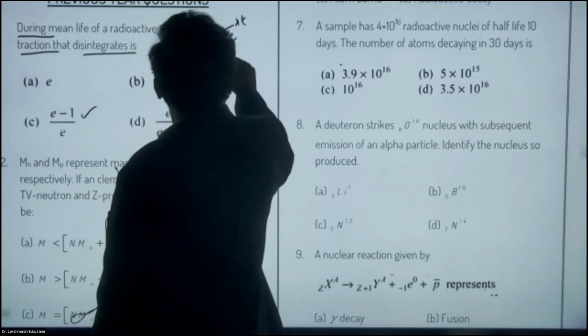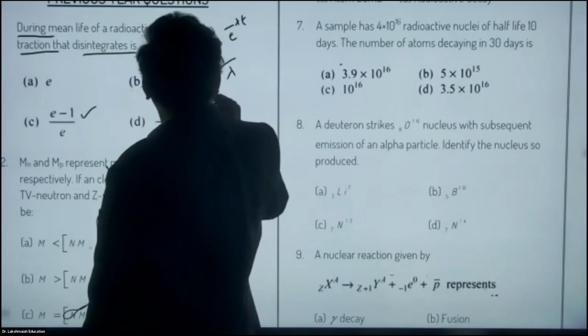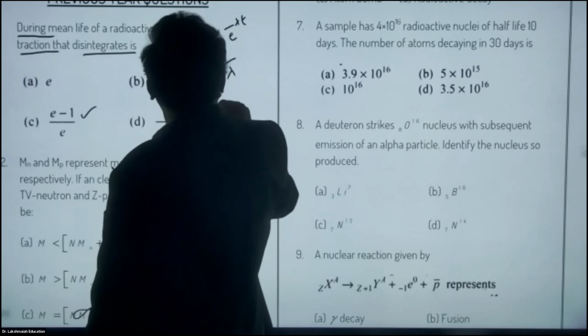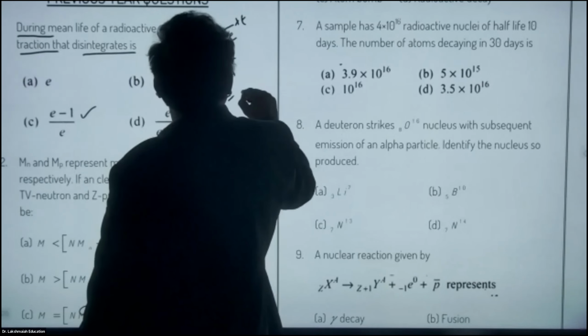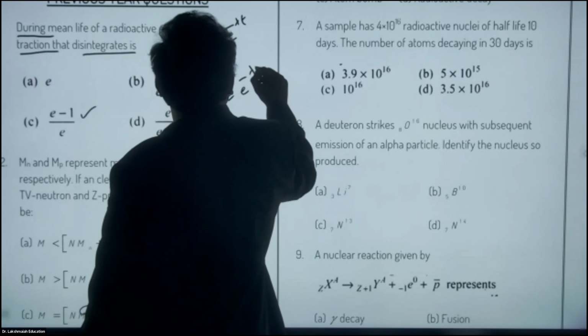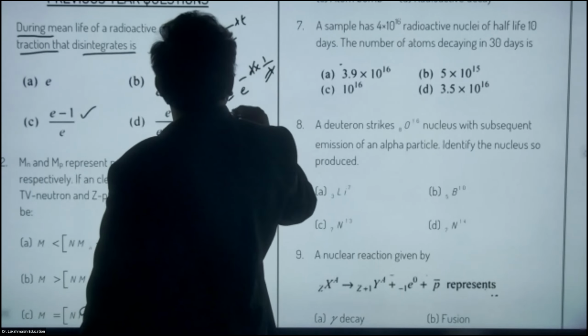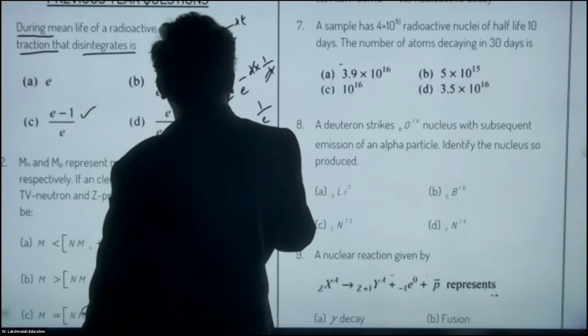T is the mean life, which is 1 by lambda. So N by N naught, final by initial, is equal to e to the power of minus lambda into 1 by lambda. Cancel these two: 1 by e. So N divided by N naught is equal to 1 by e.